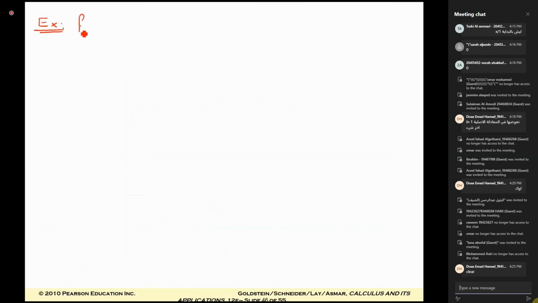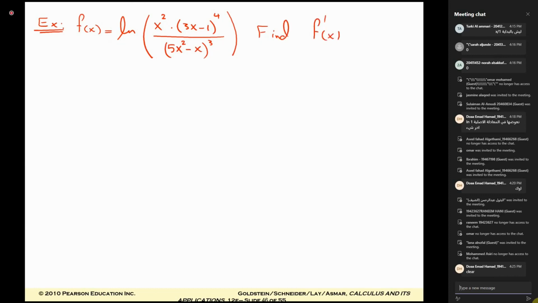If we have f of x equal ln of x squared multiplied by (3x minus 1) to the power 4 over (5x squared minus x) all to the power 3, all of these inside the ln, and we need to find f prime.